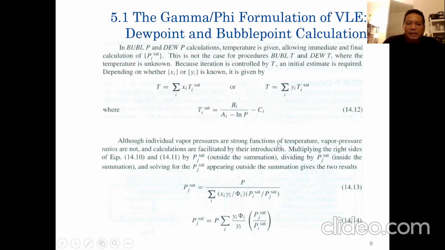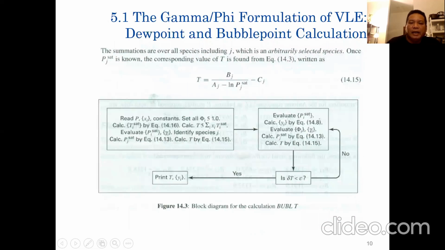From this, we use this equation to find Pj saturated, the one that we fix, and then J also here. And then for the calculation of bubble point, we find all the data in here, and then we evaluate what P is, calculate Y, capital V, P, and T. Is delta T less than the tolerance that we set?